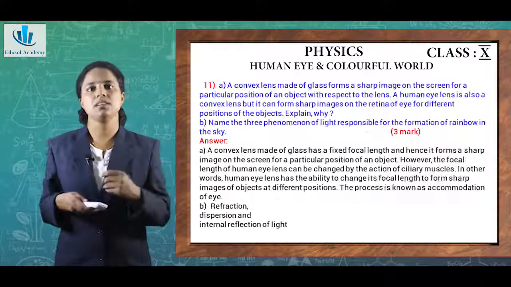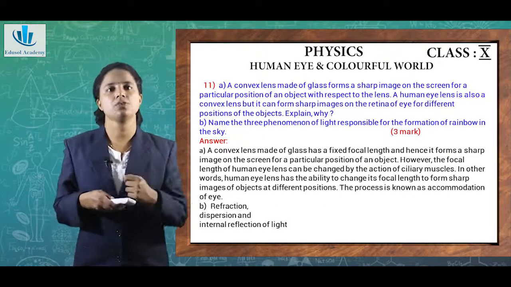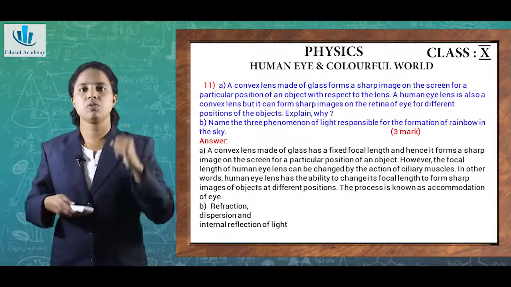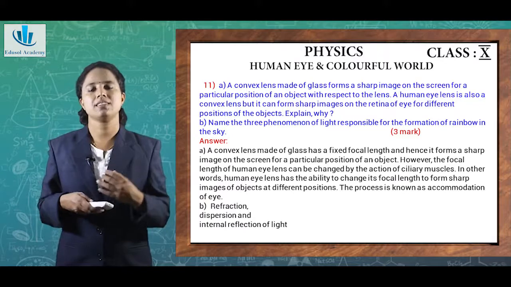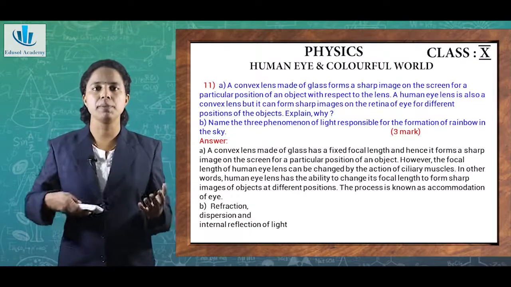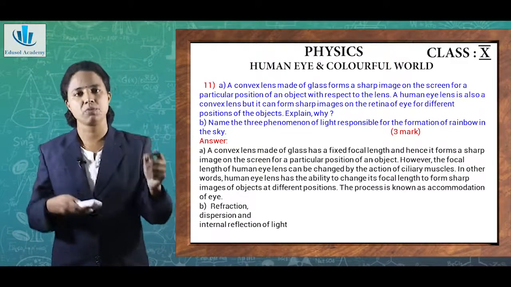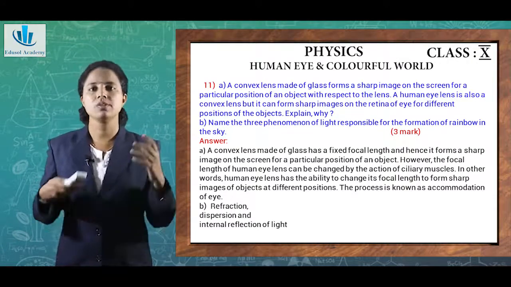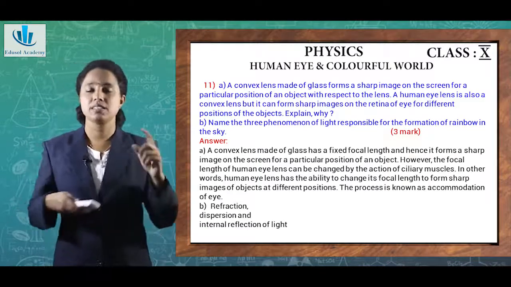Moving on to the next question. A convex lens made of glass forms a sharp image on the screen for a particular position of an object with respect to the lens. A human eye lens is also a convex lens, but it can form sharp images on the retina of eye for different positions of objects. Explain why. We know that in this question, in both cases a convex lens is given, but there is a difference.